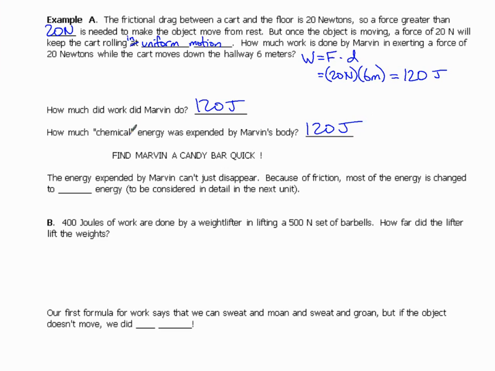The chemical energy in the body turned into the work that Marvin did on this object. The energy expended by Marvin can't just disappear. Because of friction, most of the energy is actually changed to heat energy, to be considered in detail in the next unit.